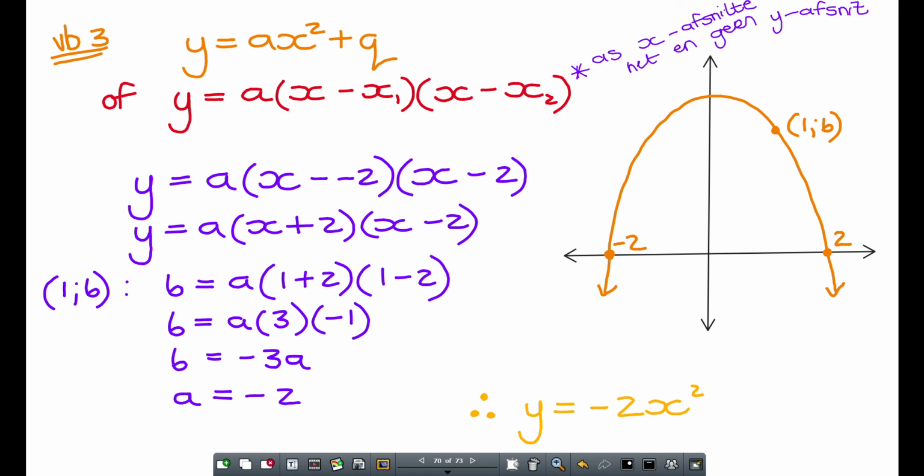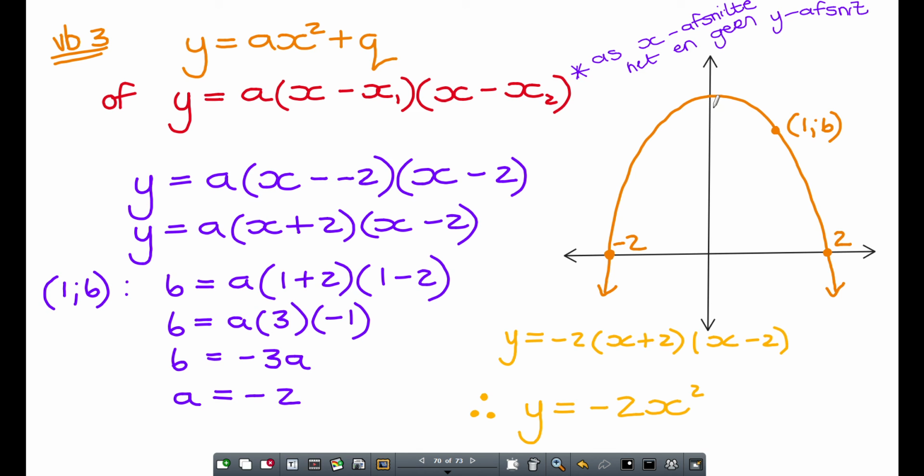So, ek gaan nou net gou, ek hoop jy het nou daar geskryf nie. So, sover het ek y is gelyk aan a. Ag, nie a nie, ek het mos nou a se waarde. A was minus 2. En dan x plus 2, x minus 2. Nee?